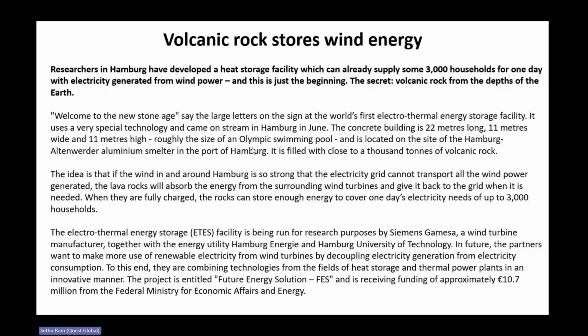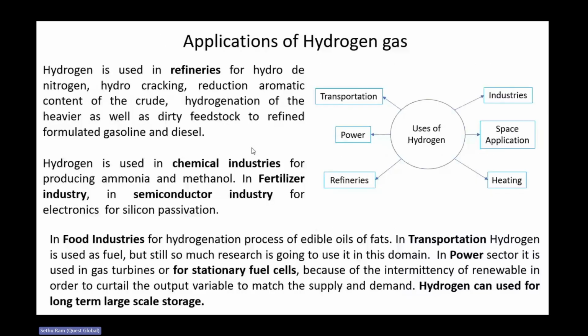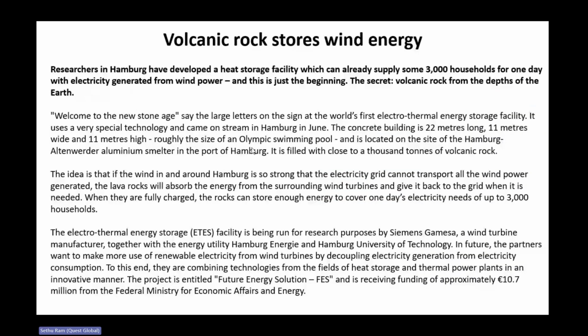In a similar way, with an alternative like hydrogen, if they have more energy from wind and solar, they can utilize that energy to create hydrogen gas and store it as backup. Whenever energy demand shoots up, they can use that hydrogen gas to generate power. R&D is going on on both sides. Here they are making artificial lava, an artificial volcano mountain, so that they can store the entire energy they got in generation.